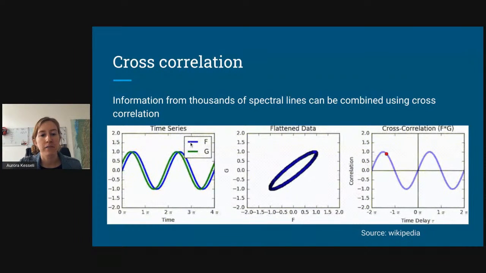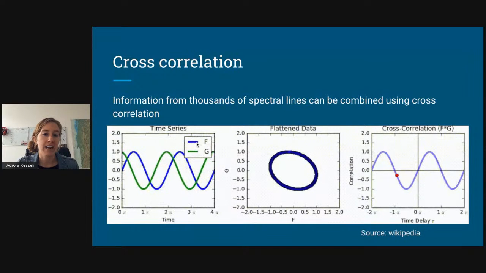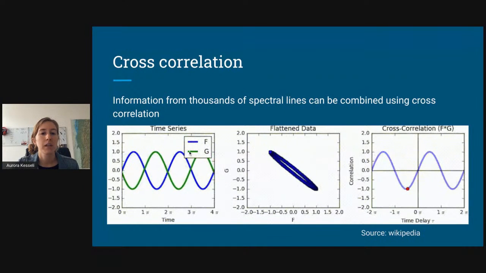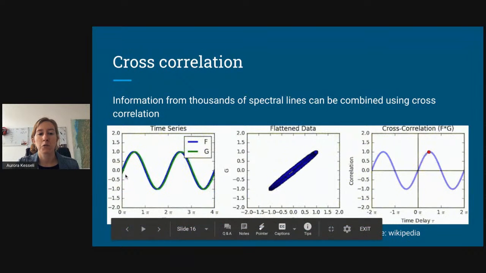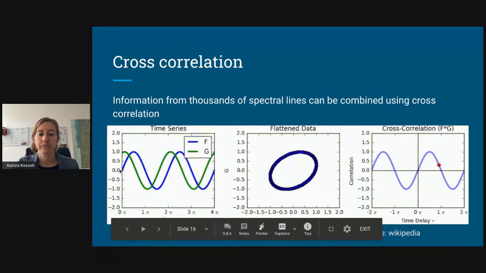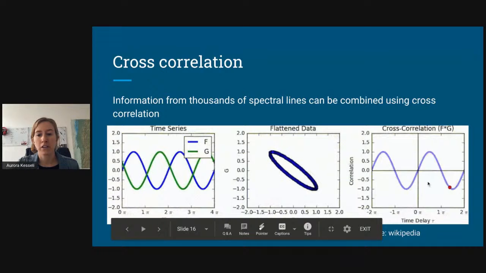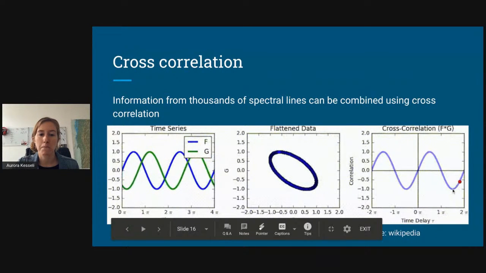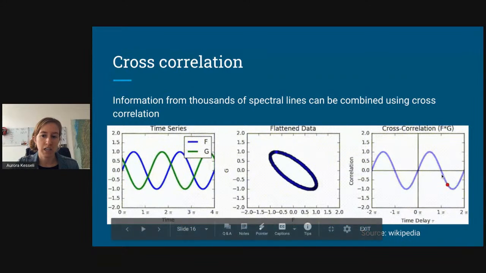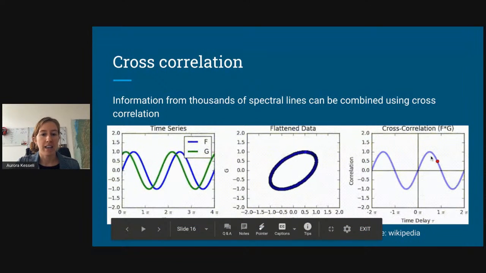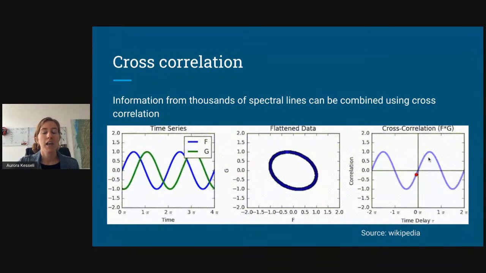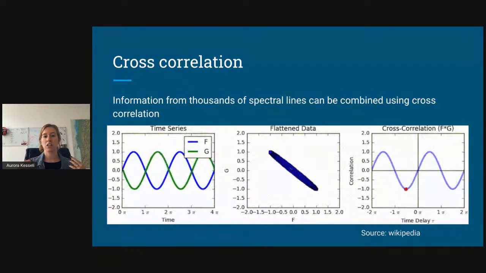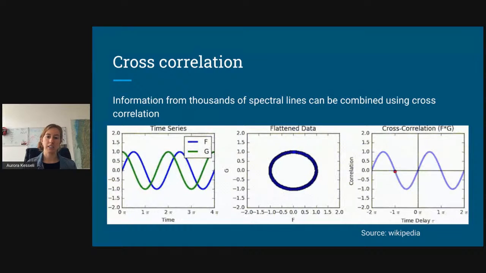So pretend we have the data in blue, and here in green we have our green model. We're slowly sliding the green model across the data. Now if we look over here in our plot, you can see that we get a minimum when they don't match at all. When we slide back, they don't match at all, and we get a minimum. And then when they match perfectly, we get a maximum in the cross-correlation function. This is what we do in order to combine the measurements of thousands of lines together.